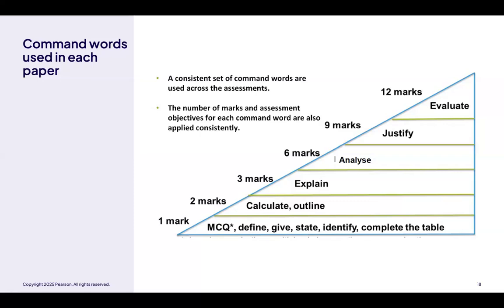Forgive me, I think you will forgive me. You sound a very forgiving audience, but I've got this word again around consistency, a consistent set of command words. And here is a slide that I think you can actually use in your centres. Your students will, I think, benefit from this taxonomy, this list of command words. These are the question types that will be asked on this paper.